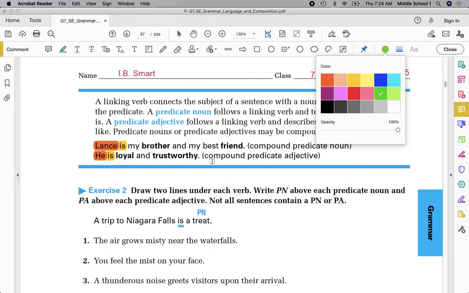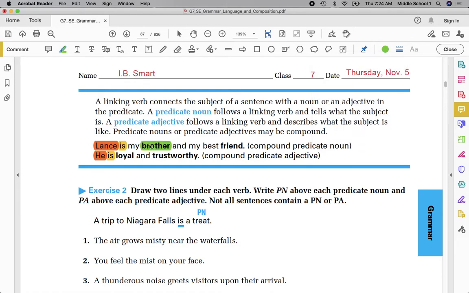Lance is what? Lance is brother. Lance is what? Friend. Again, it can be compound, just as we could have had a compound subject, verb, direct or indirect object. He is what? Loyal. He is what? Trustworthy.